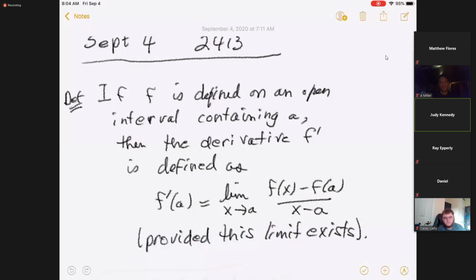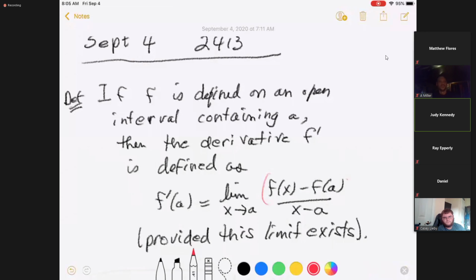And one of the things we noted yesterday is that this expression is a slope of a secant line, which is why this limit gives you the slope of the tangent line. It's lots of other things. It's giving you a change.